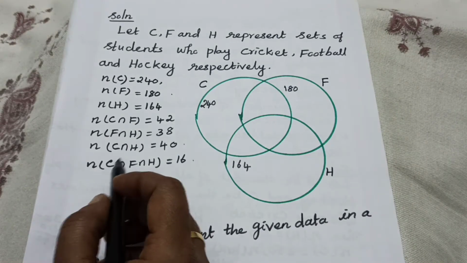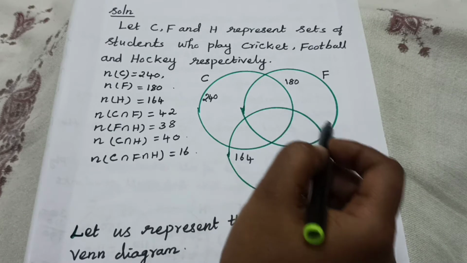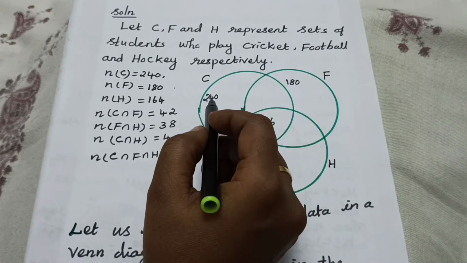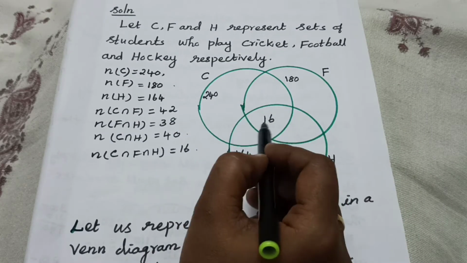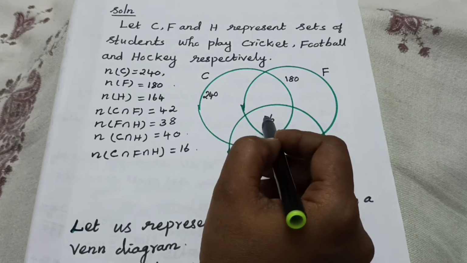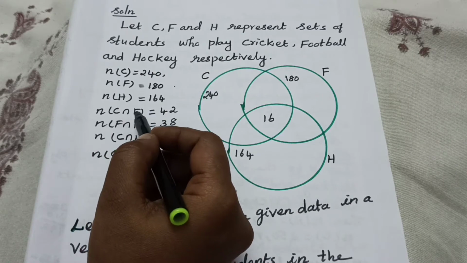And all three is 16, so this area will be 16. Cricket, football and hockey, 16 of them play all three.